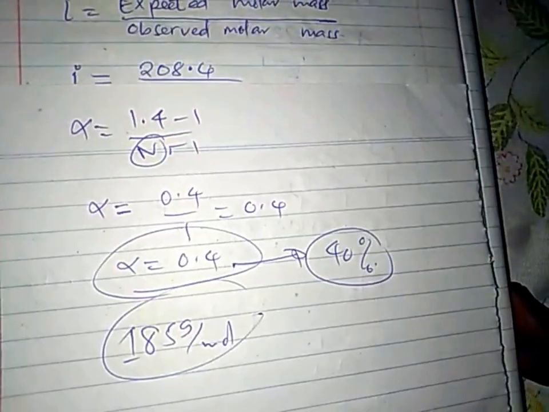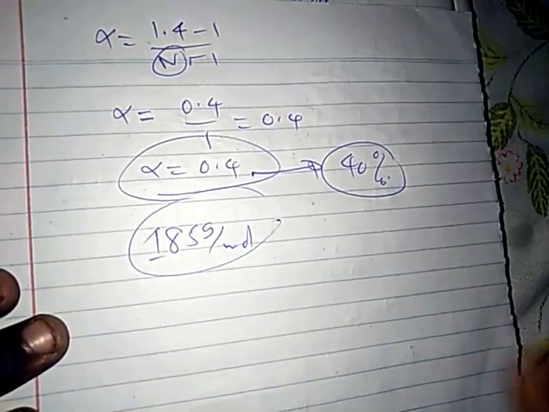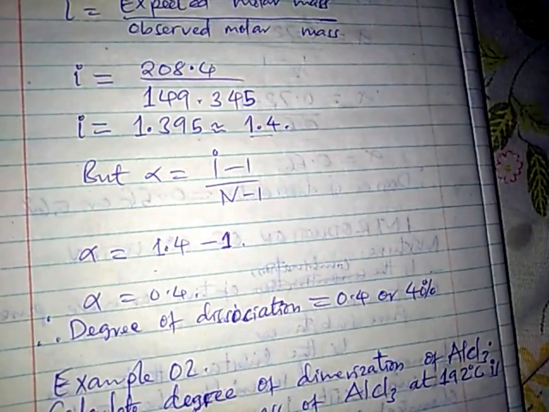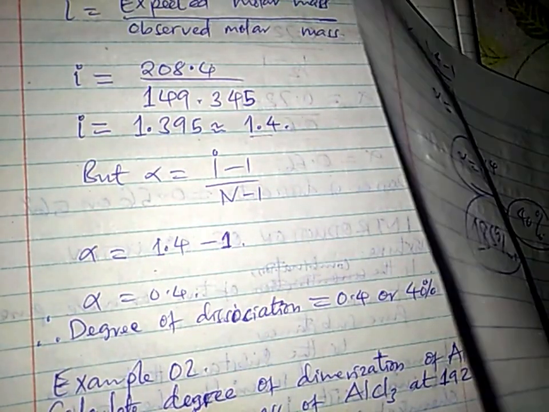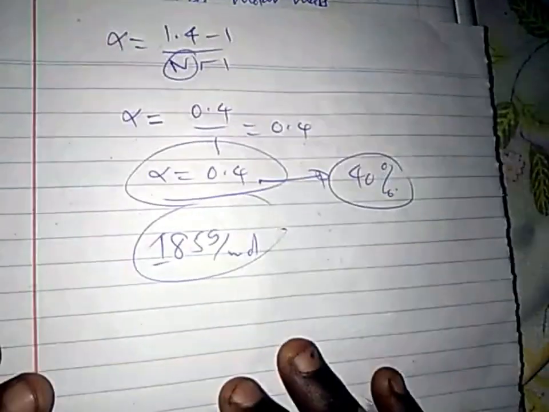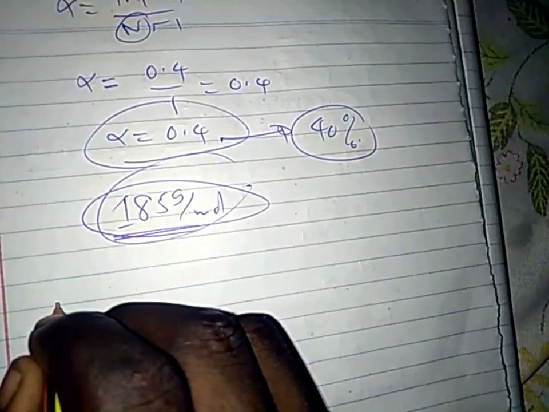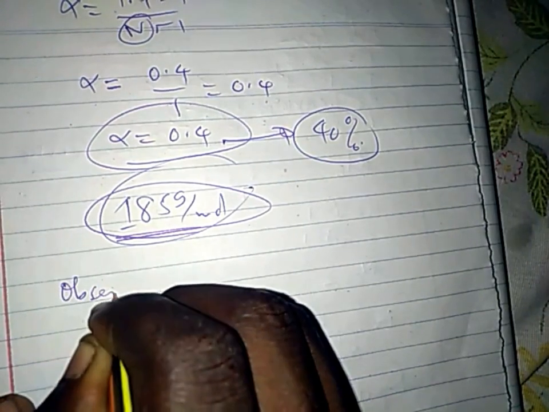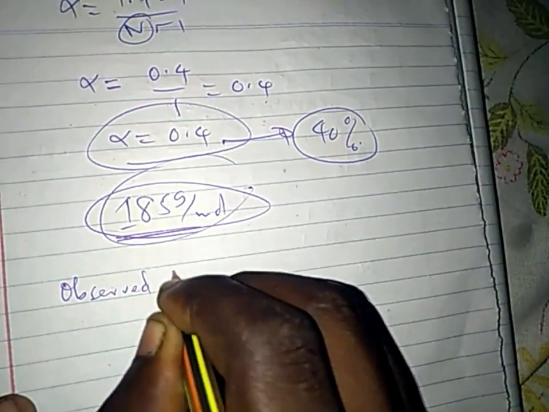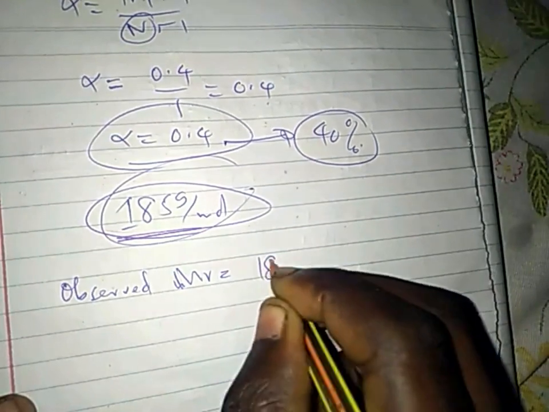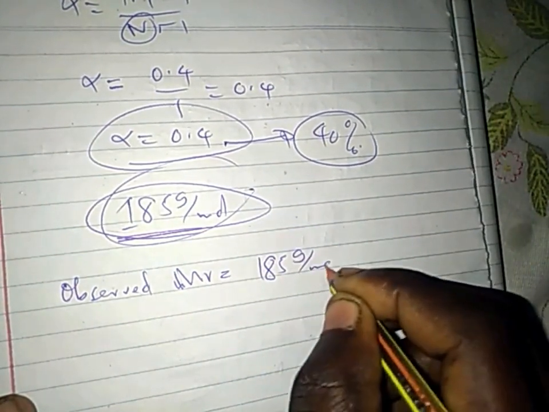Here in this question it is very simple because we are already given the observed molar mass. So this is observed, ile ambayo wameiona ni observed. So we are saying that observed molar mass will be equal to 185 gram per mole.